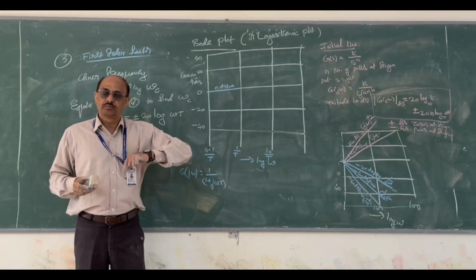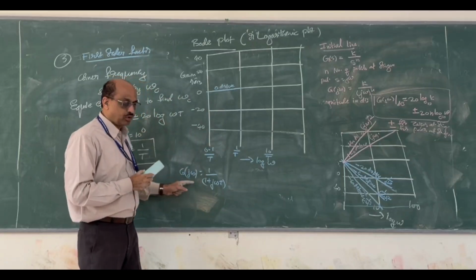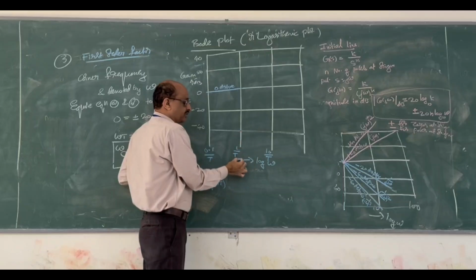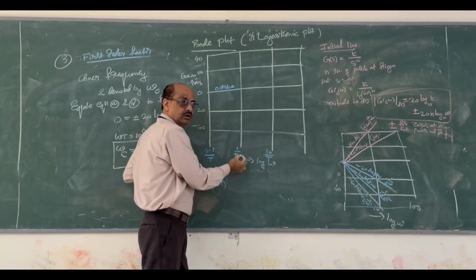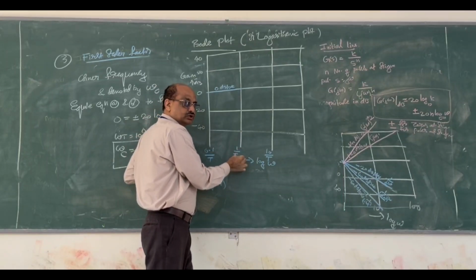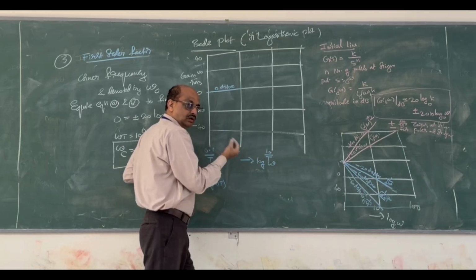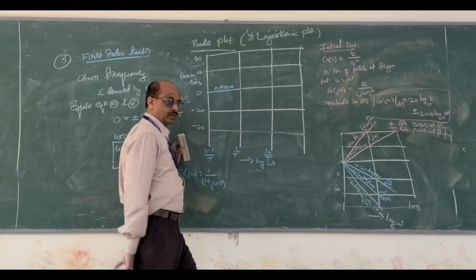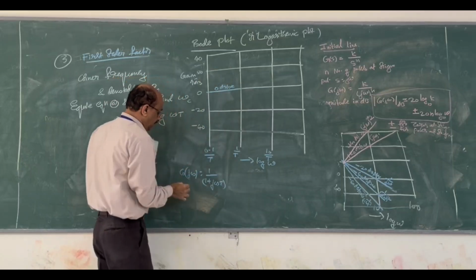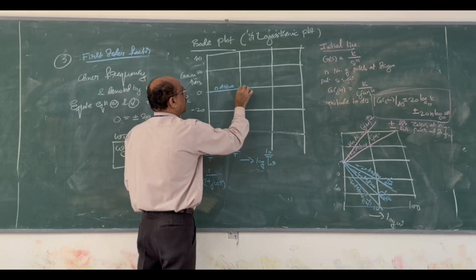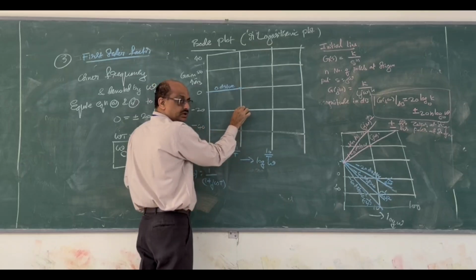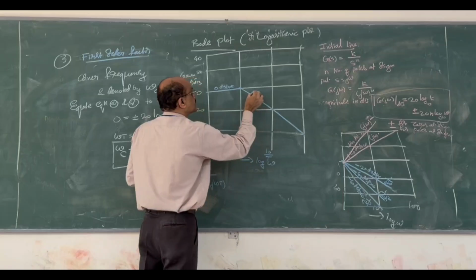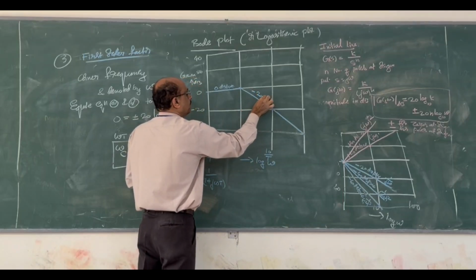Minus for a pole, plus for a zero. For a pole, it is 0 dB till the corner frequency. Suppose this corner frequency is 1 radian per second, or if 1 by t is 2, then 1 by 2 is 0.5, and so on. Then I have a minus 20 dB line, going down 20 dB for every 10 times change in frequency. So this is your minus 20 dB decay line.